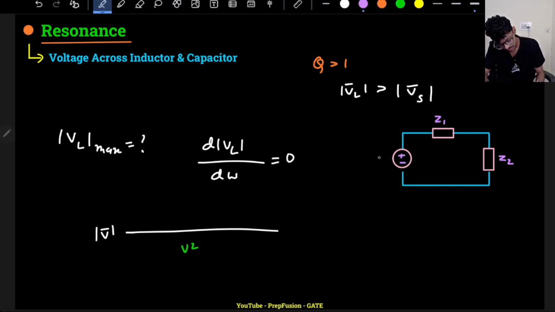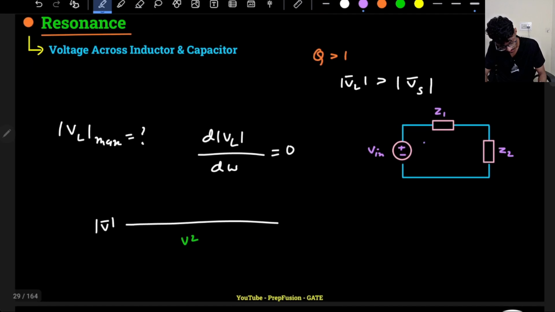If I have input V in, is it ever possible for V1 and V2 to be greater than V in?